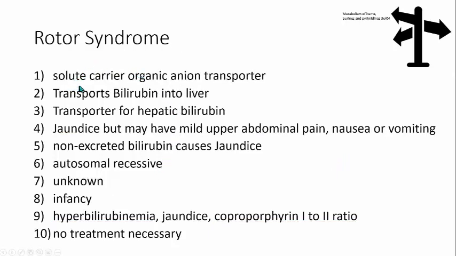Lastly, we have the last of the jaundice diseases due to heme metabolism, that is Rotor syndrome. Rotor syndrome is typically diagnosed in infancy. It is actually due to a loss of the solute carrier organic ion transporter, but that prevents us from transporting bilirubin into the liver. That lack of uptake results in jaundice as well, giving us the same symptoms as Dubin-Johnson.